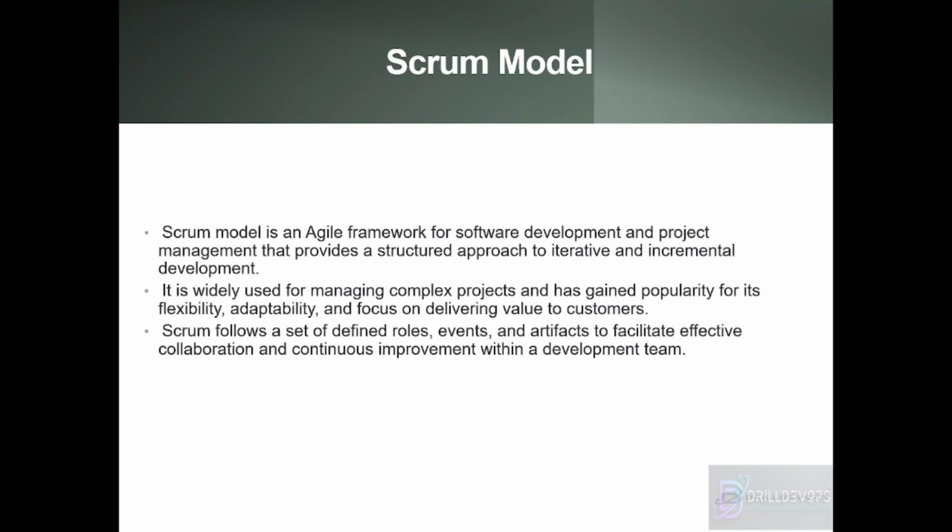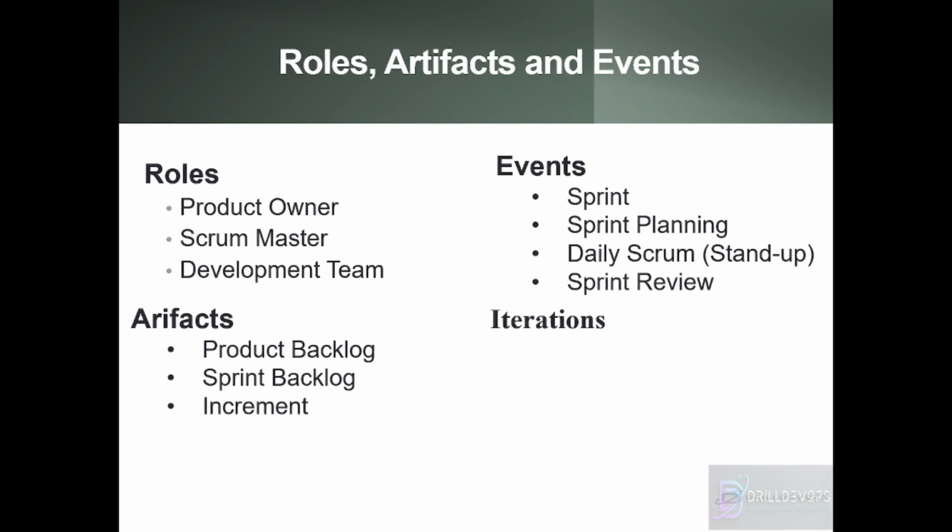And in the Scrum model, there is separate terminology that we have to understand. We have particular roles in a Scrum, particular events, particular artifacts, and then we have proper iterations. Now let's discuss in detail who has to do what.